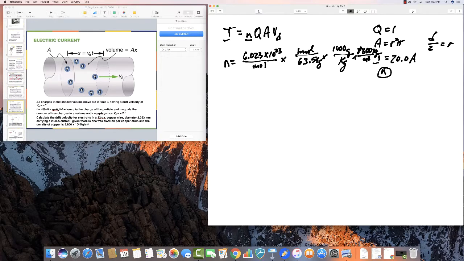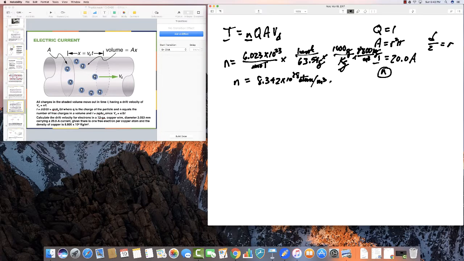If you multiply all this out, the units cancel, and you end up with the number of particles per cubic meter. Doing the math here, you get 8.342 times 10 to the 28 particles, or atoms or electrons, however you want to say it, per meter cubed.